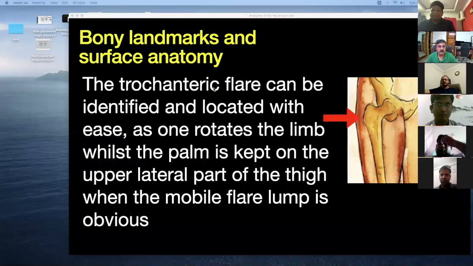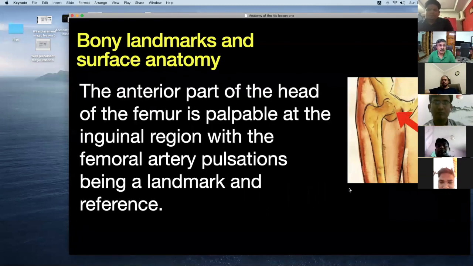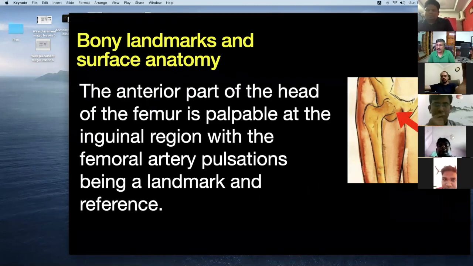Next comes the anterior part of the head of the femur, which is palpable at the inguinal region, with the femoral artery pulsations being a landmark and reference.